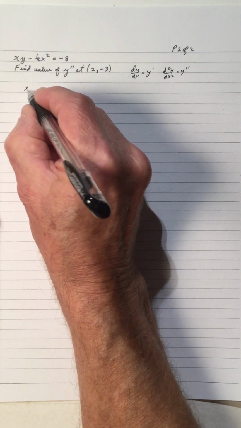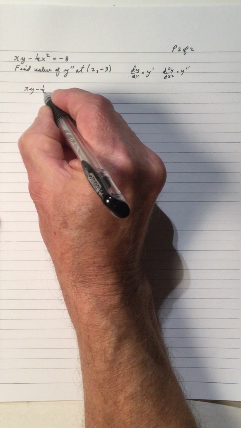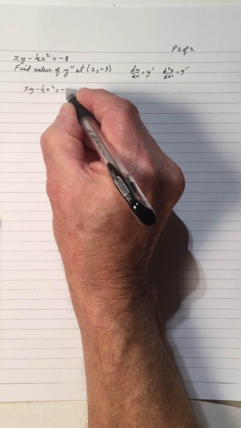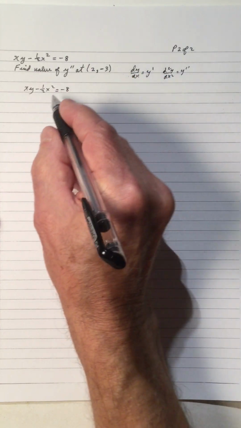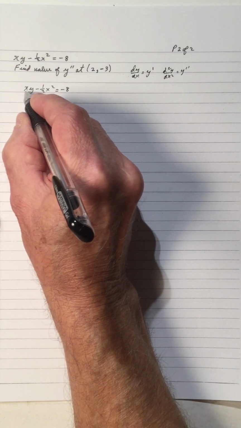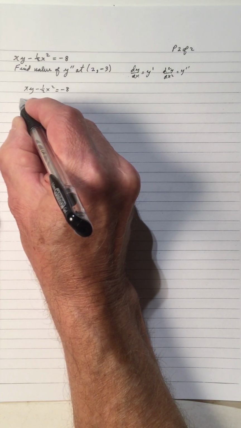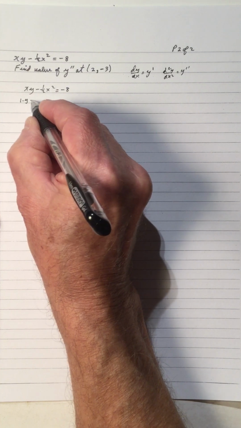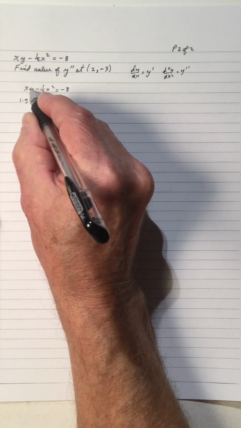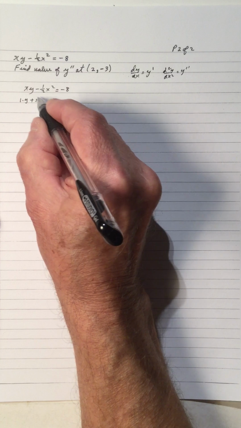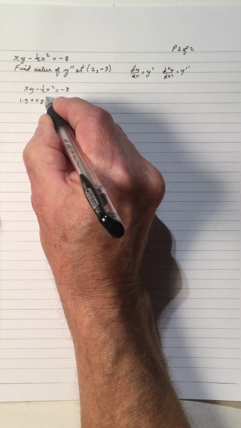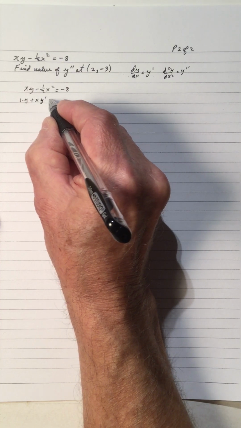So we have an equation, xy minus 1/2 x squared equals -8. So the derivative is product rule. The derivative of x is 1 times y, add on x times the derivative of y, and instead of dy/dx, we'll call it y prime.